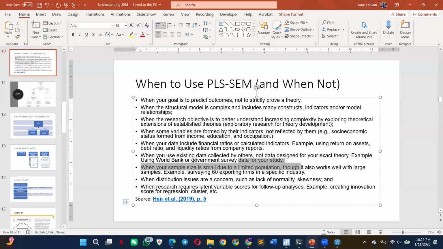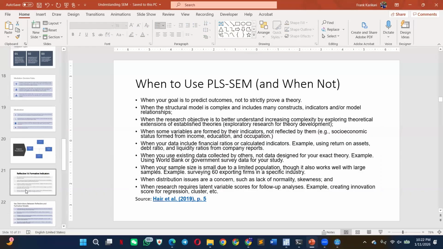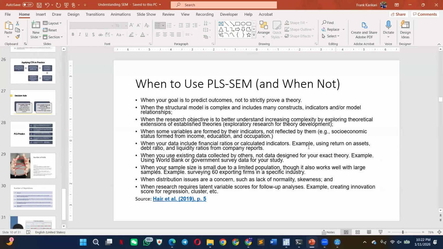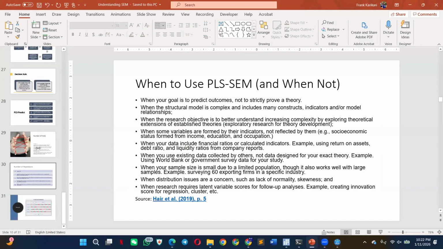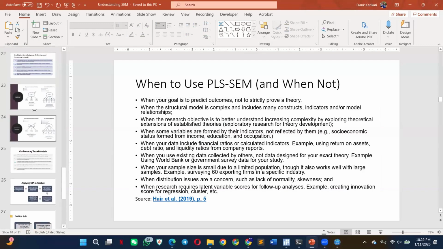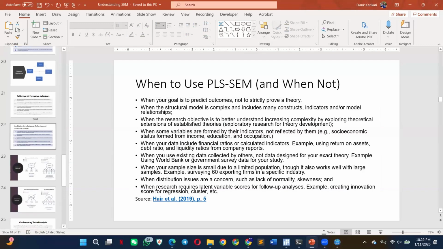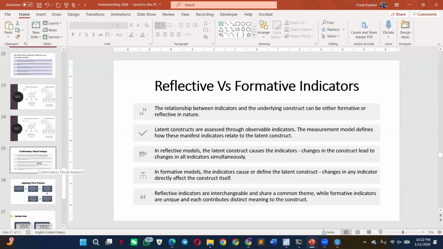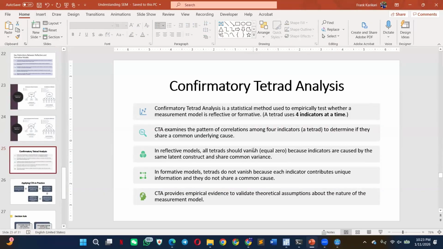So assuming that you're focusing on these areas, you cannot use reflective, because if you are looking at the human development index or socioeconomic status and you use a reflective model, it means that you are not getting what you want to do, unless maybe you have your reasons, you have grounds for doing that.